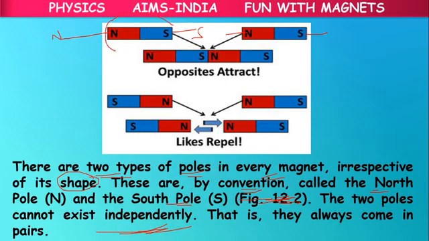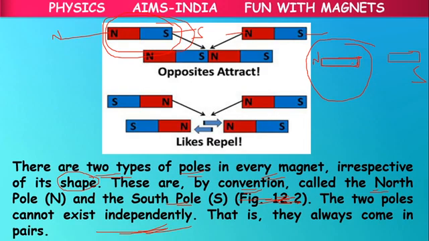Now here you have a magnet which has North Pole and South Pole. If you cut it into two parts, here North Pole is there, here South Pole is there. Do they exist with a single pole like this? No, because we made them into two parts.